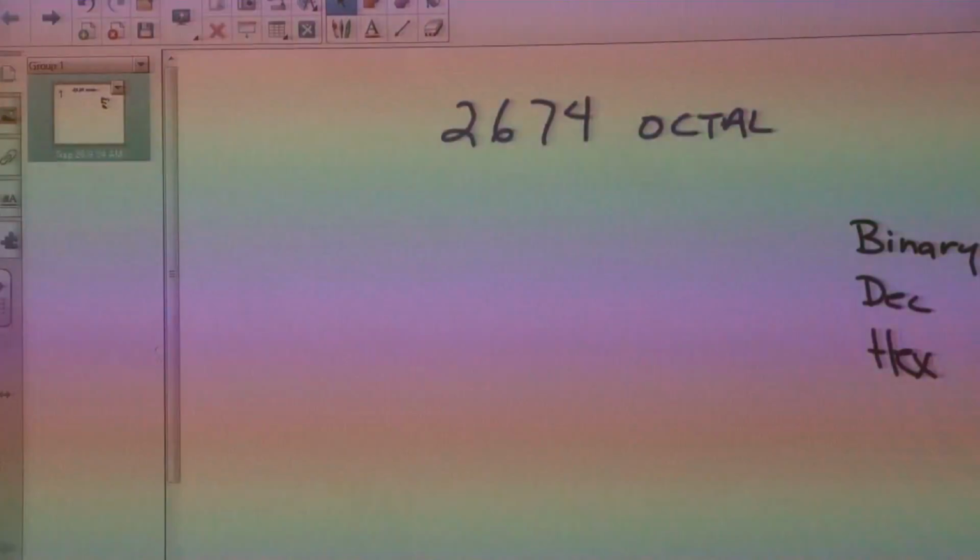So we know that's octal. How many are going to be in each group? 3 for the binary.